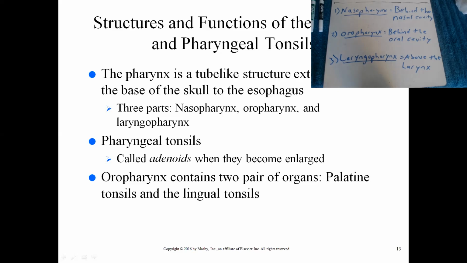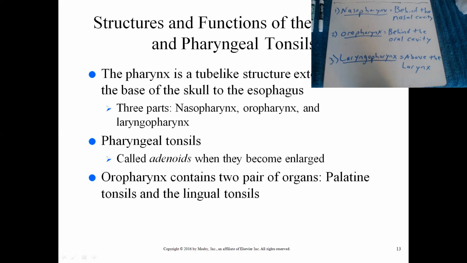When inhaling, air goes from the internal nares through these structures in order: nasopharynx first, oro, laryngo. And for the pharynx, there's not much in terms of structures.